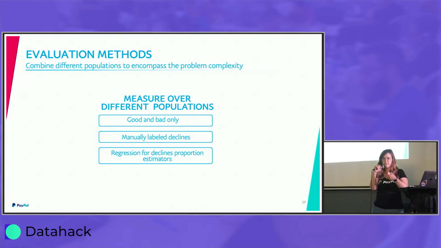This way, we would get a calibrated model with a score that represents how likely a case is to be bad. It enables our model to be exposed to those signals within the decline population, but in a subtle way, not an extreme way. Taking all of these groups of metrics together gives us a good view of our model and helps us understand how it would actually perform live once we replace the model that is already taking action.